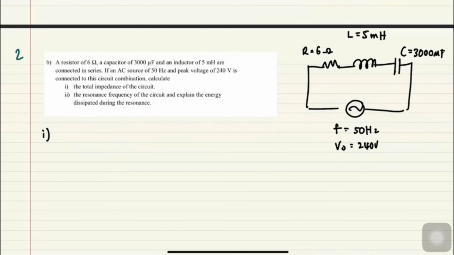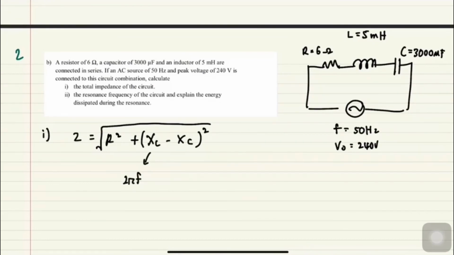So you can use Z equals square root of R squared plus (XL minus XC) squared. But to do this, you have to calculate XL first, 2 pi FL, and for XC, 1 over 2 pi FC. After substituting, you get the answer.